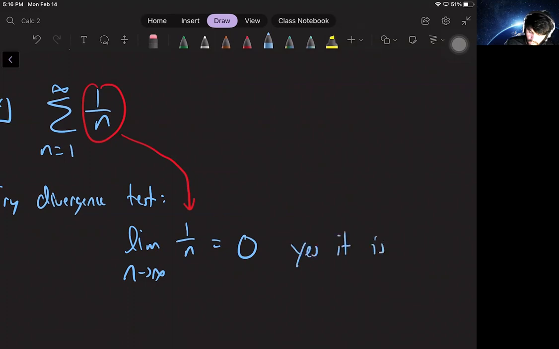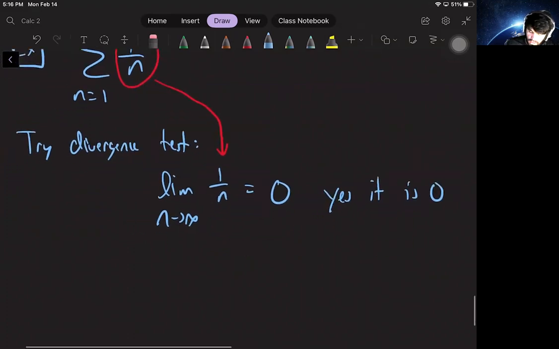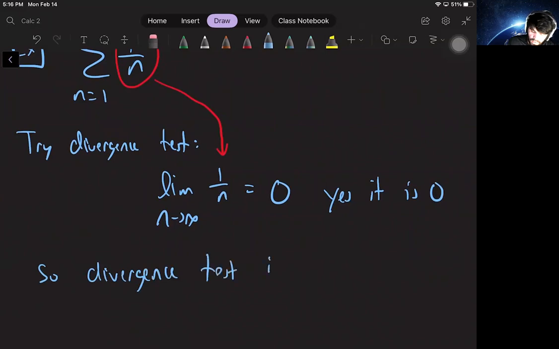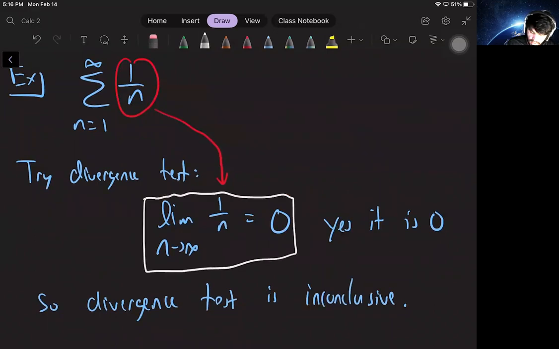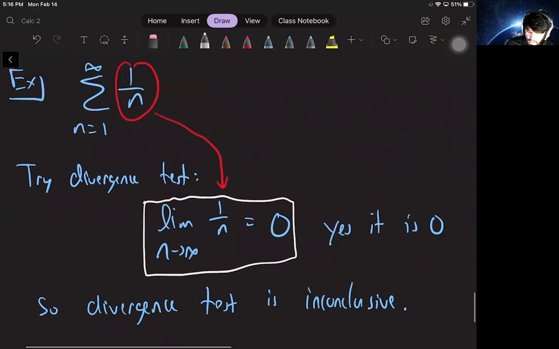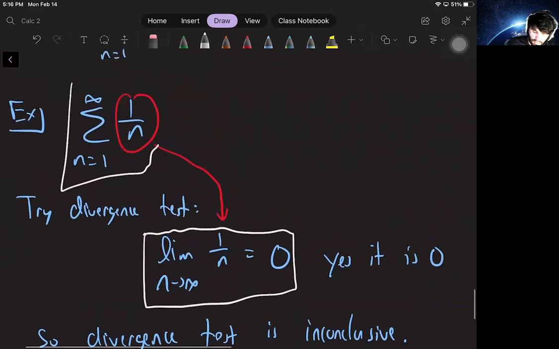Okay. So what do you get to conclude? The answer is nothing. If you really want to say something, you would just say the divergence test is inconclusive. Okay, so just because this goes to 0 doesn't mean that this converges.